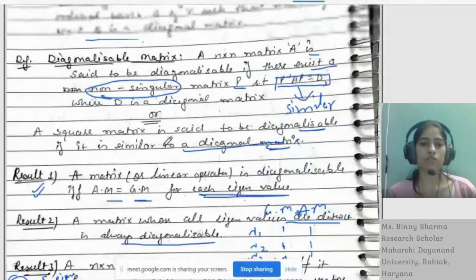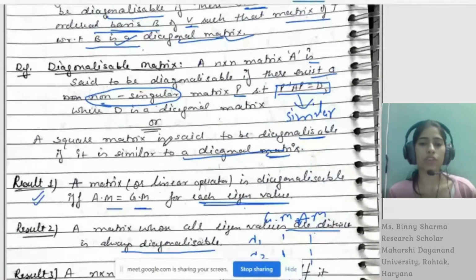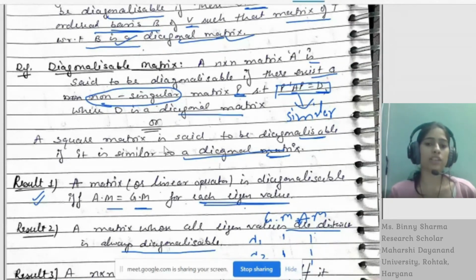In the definition of a diagonalizable matrix, an n cross n matrix A is said to be diagonalizable if there exists a non-singular matrix P such that P inverse AP equals D, where D is a diagonal matrix.